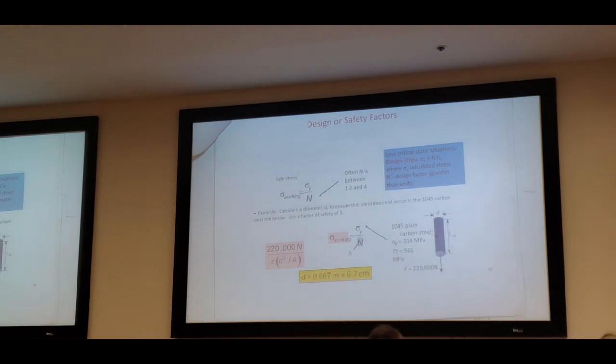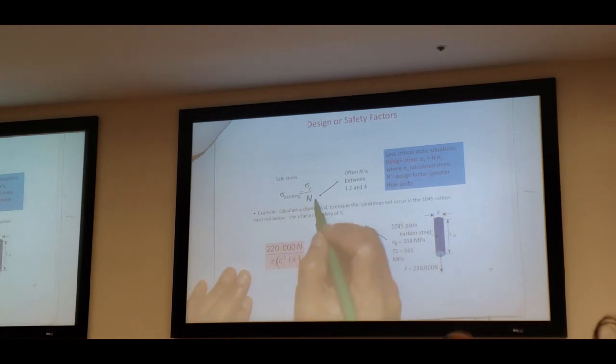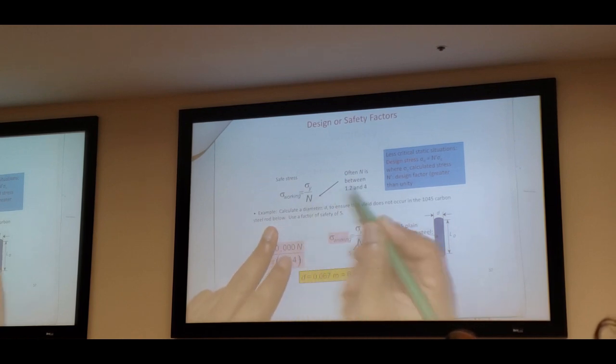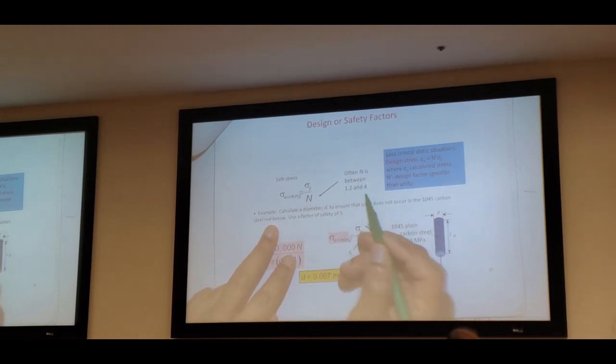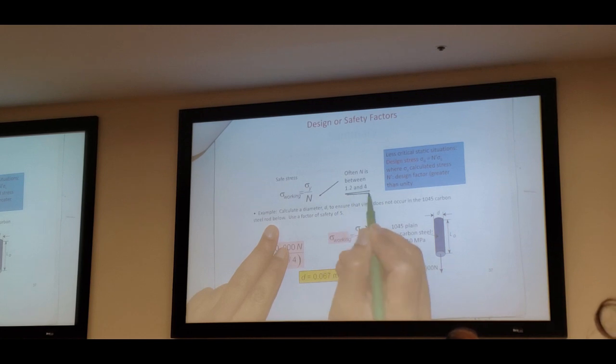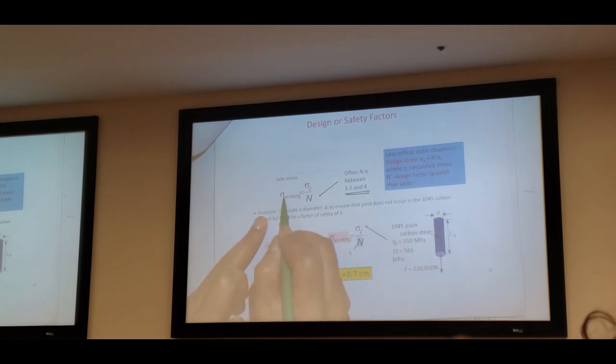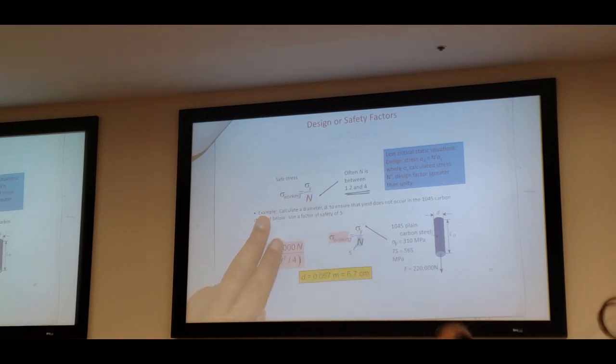So in that case, you can see that there is a design factor, safety factor. Okay, this is that safety factor or design factor N. Often the value of N is between 1.2 and 4. So this is the working stress and this is the yield strength.